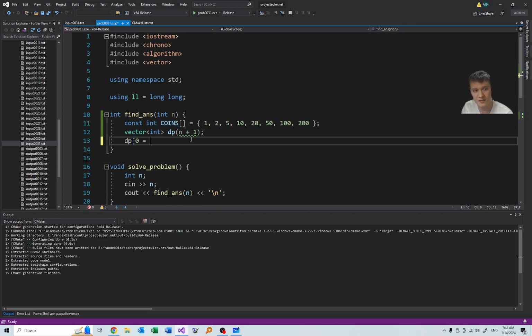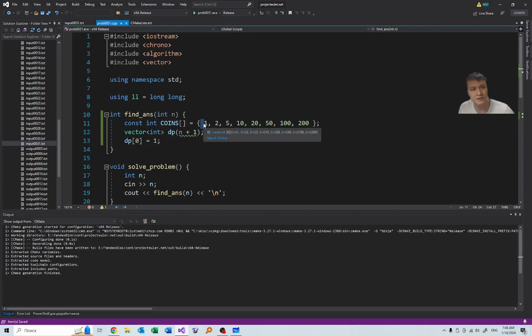For example, in the beginning, it is calculated on the empty prefix of this array, so we can't use any coins. dp says what is the number of ways to produce this number using no coins. And the answer is the characteristic function of 1. So if the needed amount is 0, then there is 1 way. And if the needed amount is positive, then there are 0 ways.